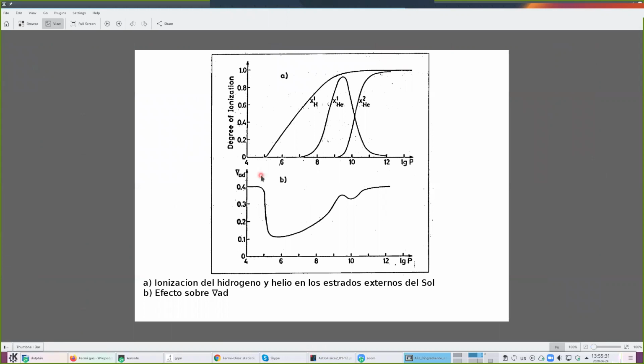Here you can see the adiabatic gradient is changing with the variation of the fraction of ionization for the hydrogen. It is just 1, so it is increasing with the pressure and temperature, with the amount of hydrogen ionized.